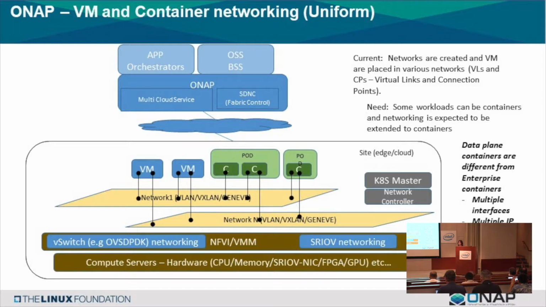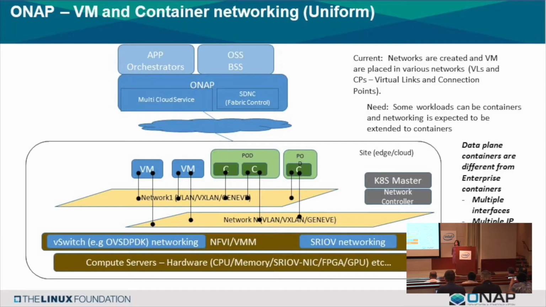And these VMs can be on different networks, and they can be connecting to the same network, so different VMs can be talking to each other. Extending that, we want to add containers on the same networks and with the same kind of properties as the VMs had.